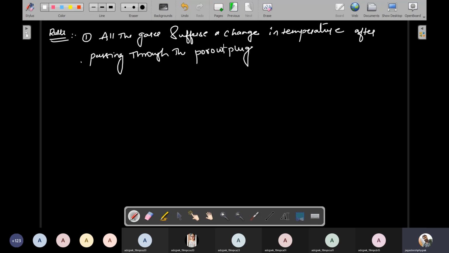It was considered that one result is all the gases suffer a change in temperature, because whatever gas you consider, if the gas is passing from high pressure to low pressure, then definitely its temperature changes.